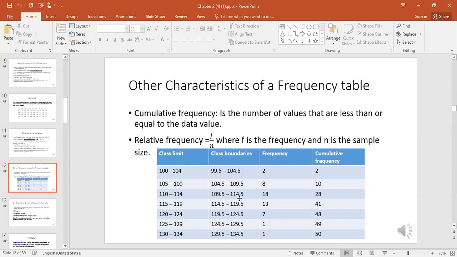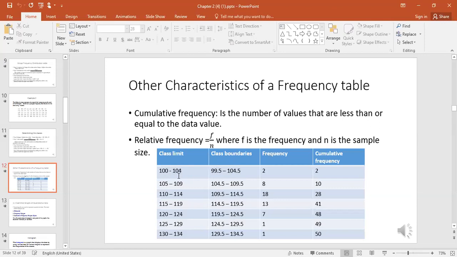But before we go back, we can compute the class boundaries. Class boundaries are obtained by subtracting 0.5 from the lower value and adding 0.5 to the upper value.